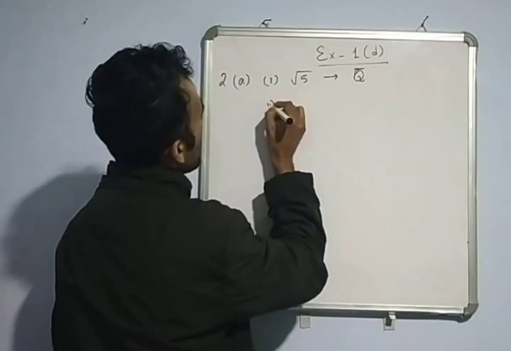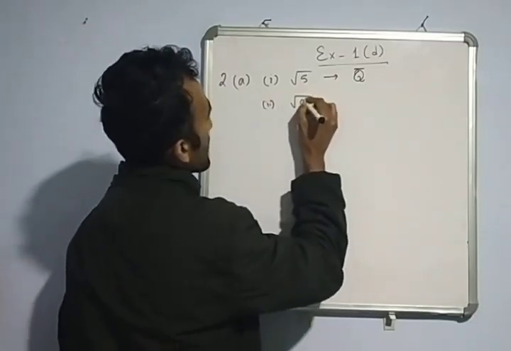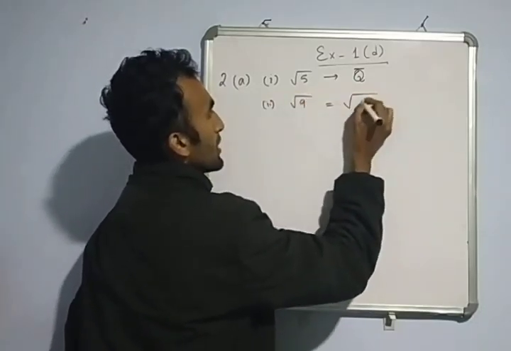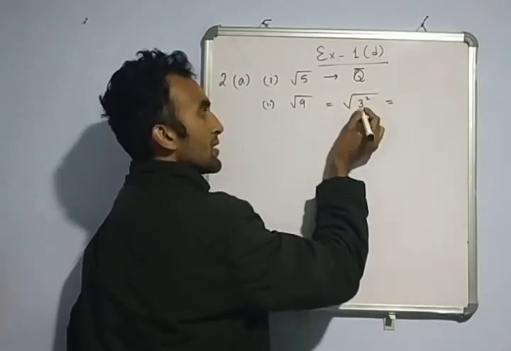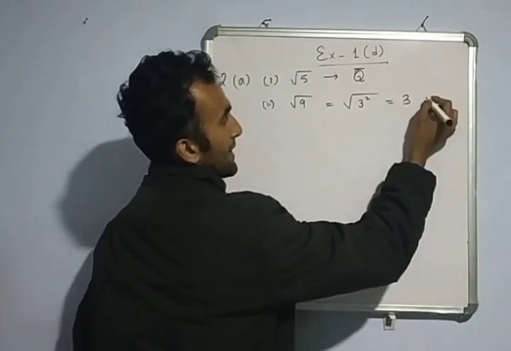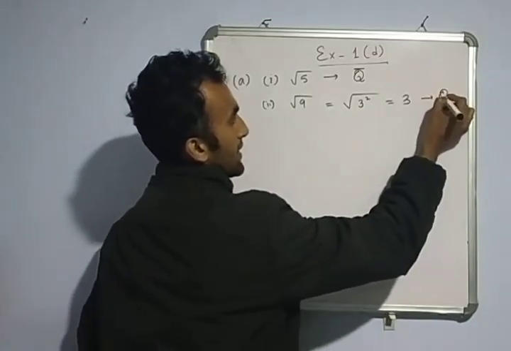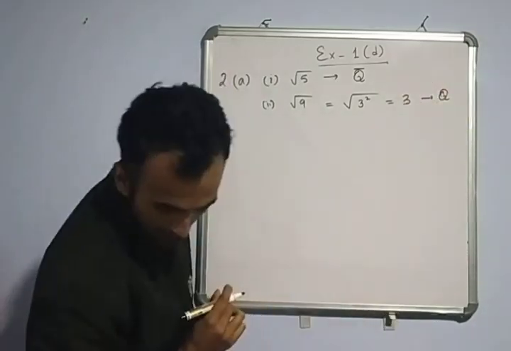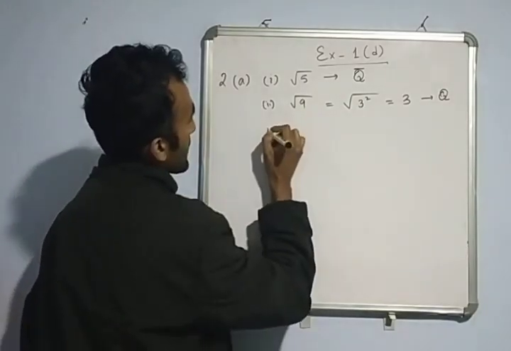Now sub number 2 is root 9. Root 9 equals root 3 square, and 3, if it has a pair, comes out of the root, equals 3. Then that becomes rational. Rational means Q. Now next is sub number 3.